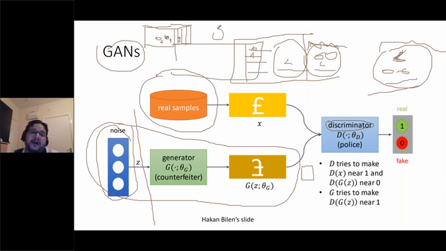Then we have the fully connected layer. The fully connected layer, we look at everything. So it finds an eye here, a nose here, and an eye here, but there is no ear here in these activation maps. So this fully connected layer will say fake. It will be able to learn the distribution of features.